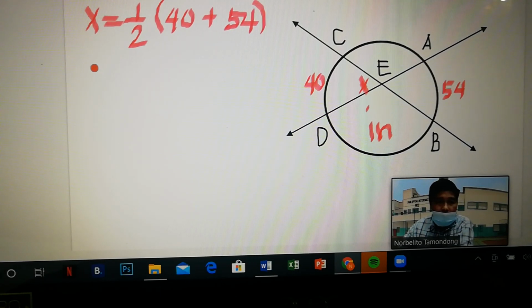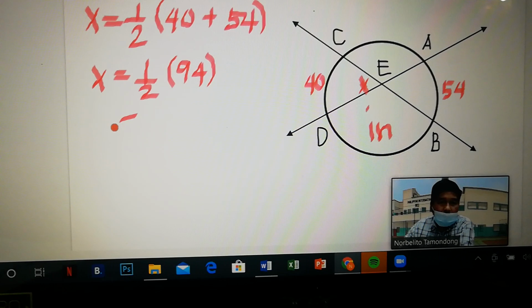So therefore, x now is equal to 1/2 of 94. So 40 plus 54 is 94. And what is 1/2 of 94? That is equal to 47. So therefore, the measure of the angle formed is equal to 47 degrees.